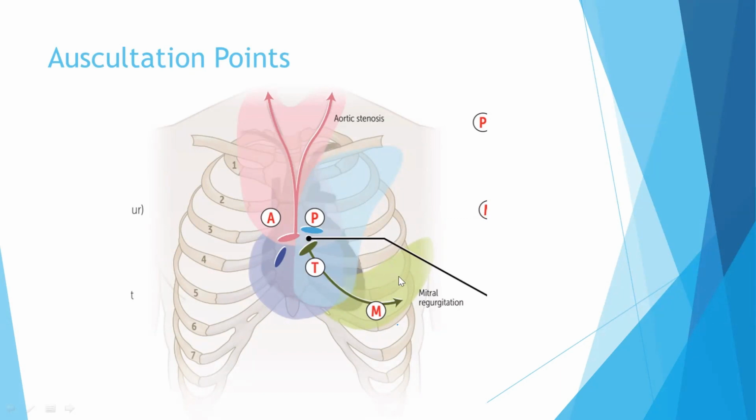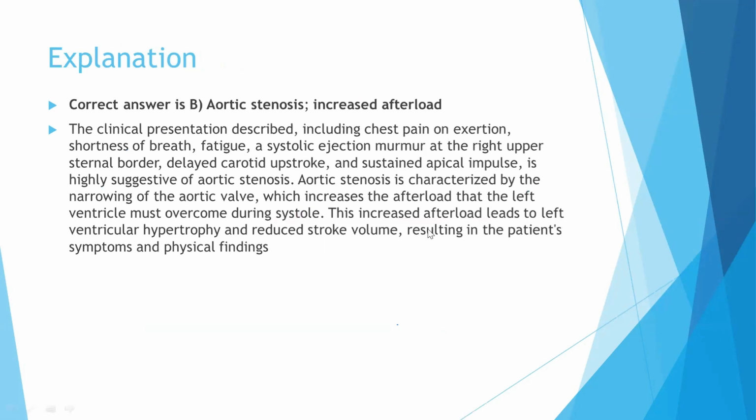Or in case of the pediatric population, it can be heard even at a minimal level at the left sternal border. Now, the correct answer to that question was aortic stenosis or increased afterload, as you all know by now. The clinical presentation described, including chest pain on exertion, shortness of breath, fatigue, a systolic ejection murmur at the right upper sternal border, delayed carotid upstroke, and sustained apical impulse, is highly suggestive of aortic stenosis.